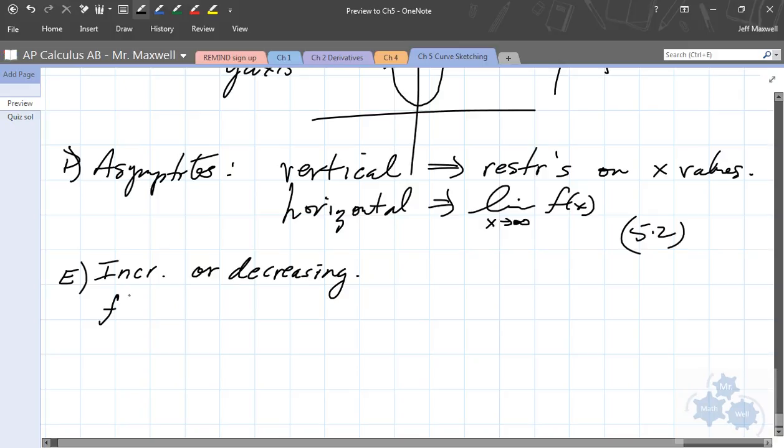And you want to examine f prime of x, the first derivative. And of course, where it is greater than 0, positive, what does that tell us? Is that increasing or decreasing function when all the tangent slopes are like that? There's the points on the graph there that would yield that. So that would be increasing.